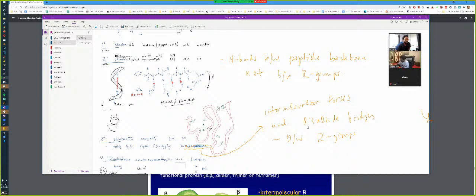So myoglobin is what's in our muscles, and it just has the tertiary structure, but hemoglobin is composed of 4 subunits, and how the subunits interact with one another is what quaternary structure is.